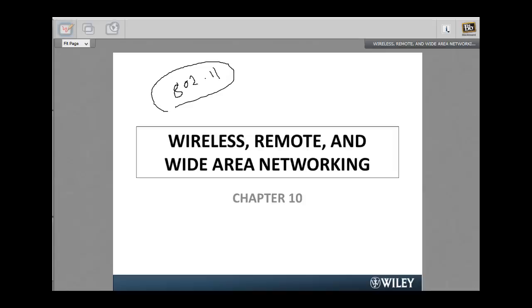So in order to have your network, actually you need equipment, as you know. You need the network adapter, which has to be attached; usually now it's built in your mobile phone, or it's built in the laptop.